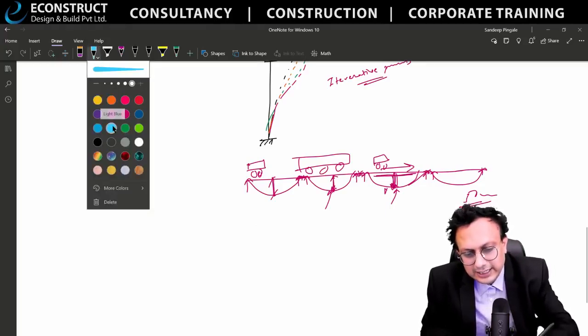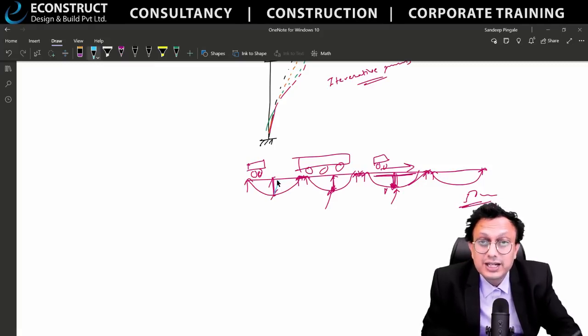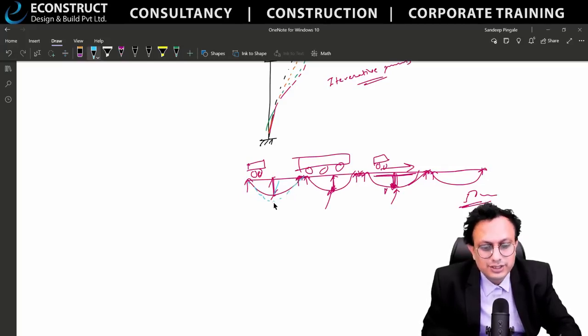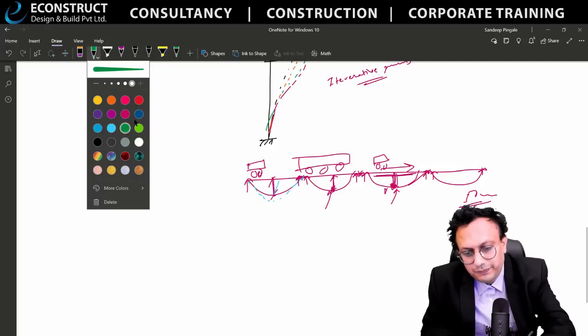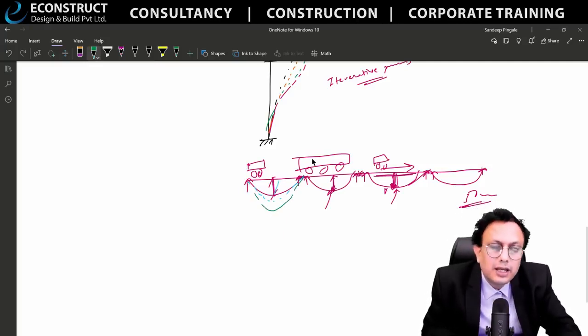The linear elastic deflection will go back once the vehicle is gone, but the self-weight is still there. Due to the instantaneous load, you will get the cracked deflection, and due to continuous action, it will have the creep deflection. Creep.